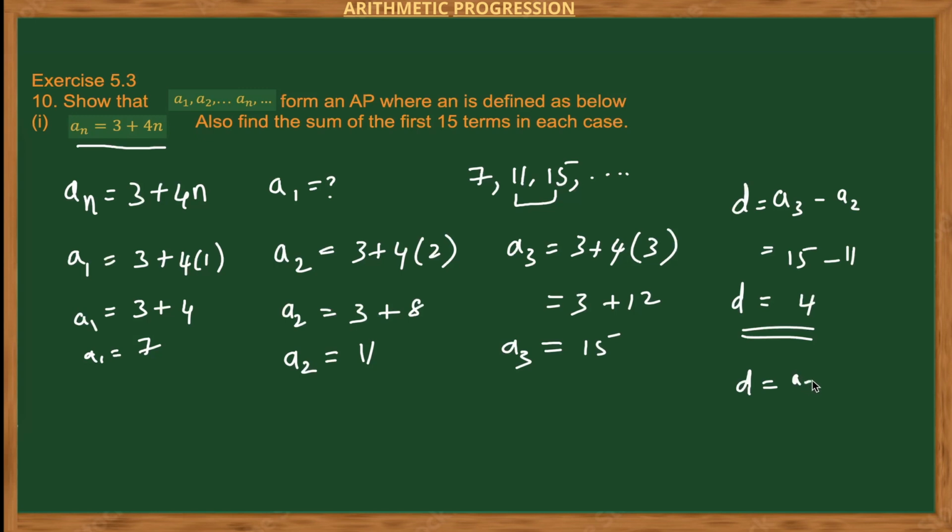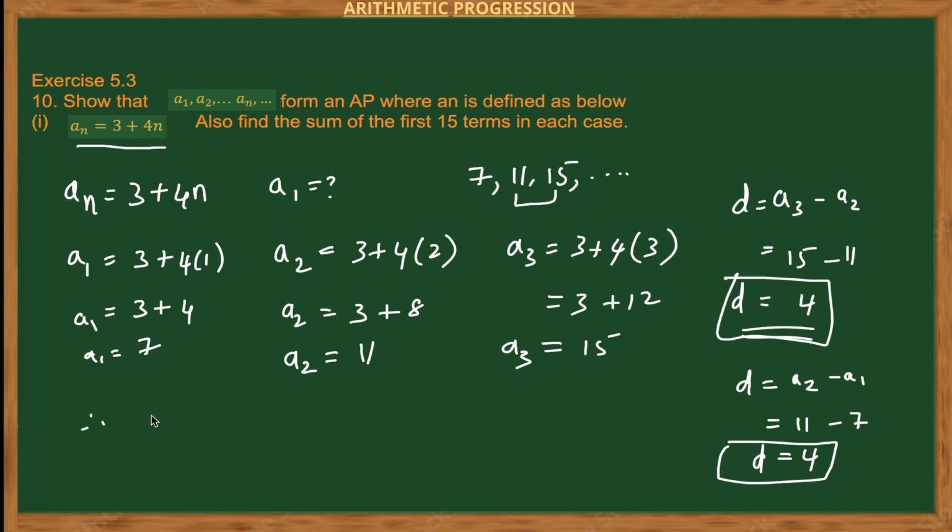So let's take a2 minus a1. What is a2? a2 is 11 minus 7, which is 4. So d is 4. So you can say there is a constant difference. Hence this is an arithmetic progression. So the first part is, this is an AP.